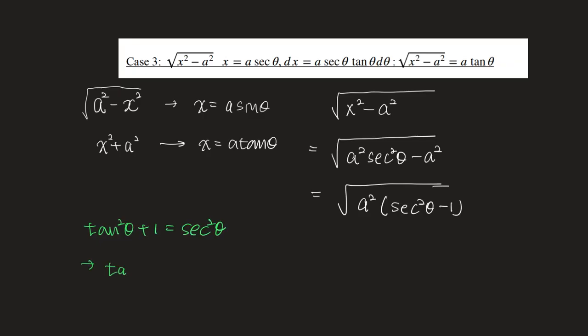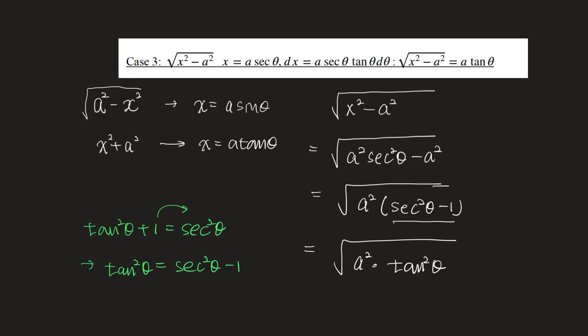This time, tangent squared theta is, you move the 1 to the other side, secant squared theta minus 1. So the square root of a squared times secant squared theta minus 1 is the square root of tangent squared theta, which is a tangent theta.